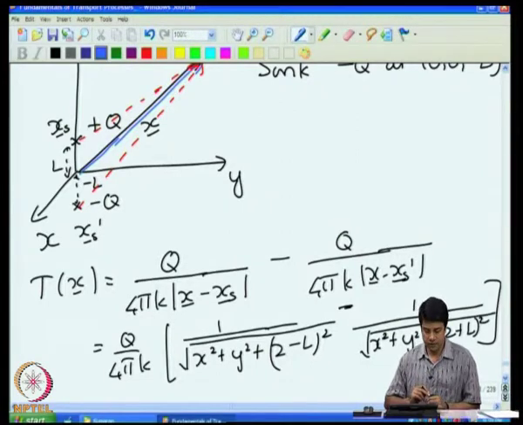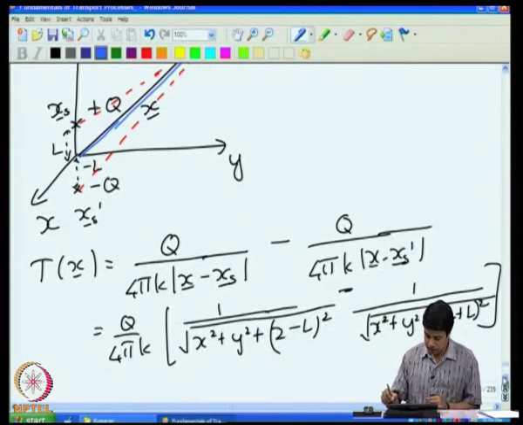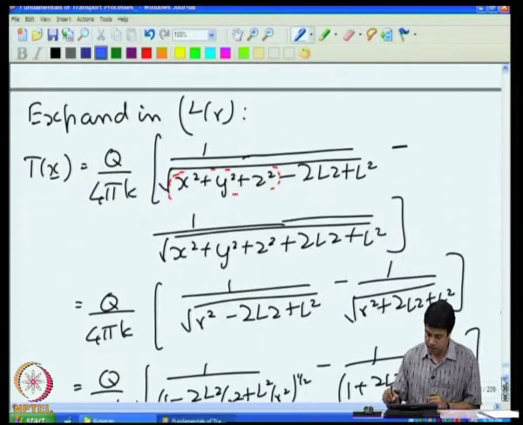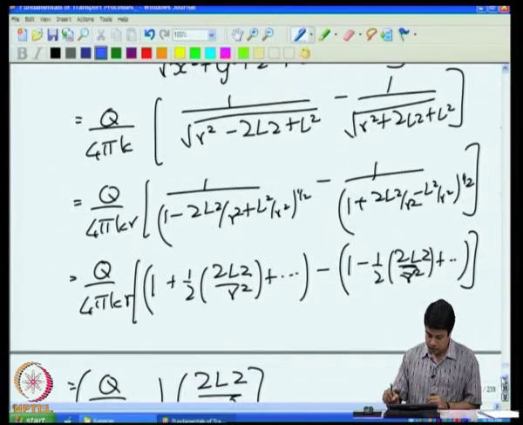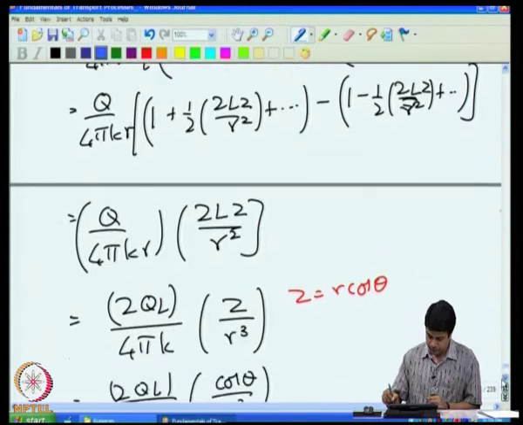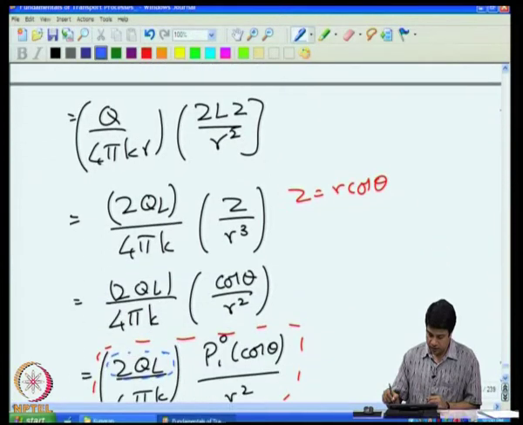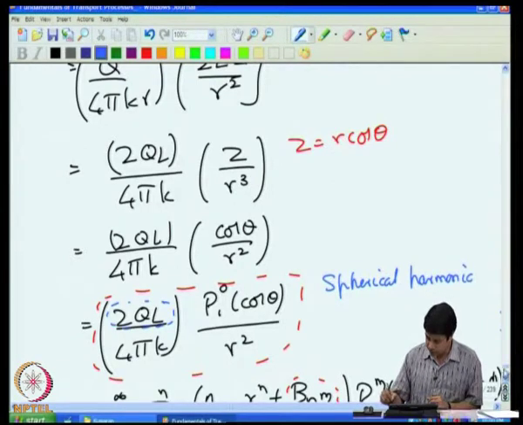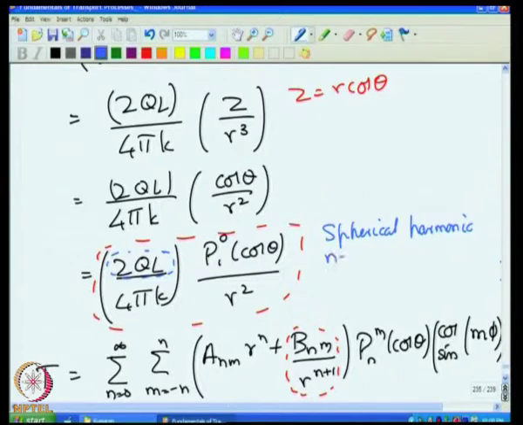If I go sufficiently far away that the distance r is large compared to L, the leading order solution that I get by expanding in the small parameter L by r is identical to the spherical harmonic solution for n is equal to 1 and m is equal to 0.